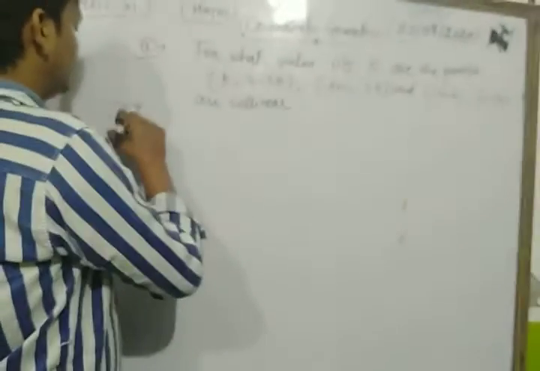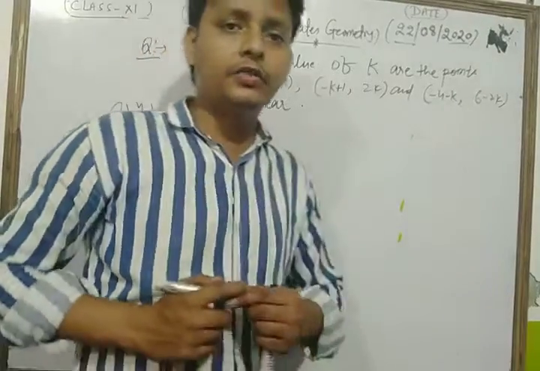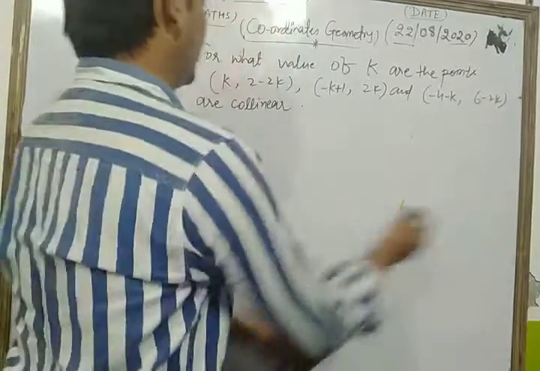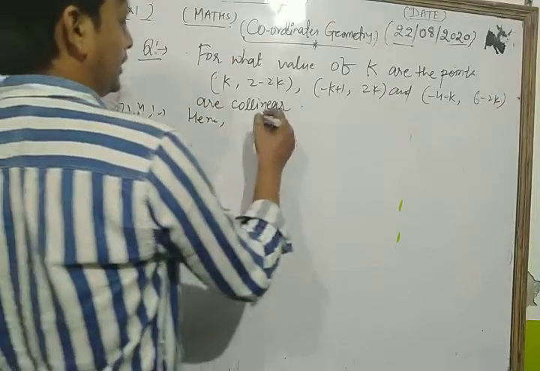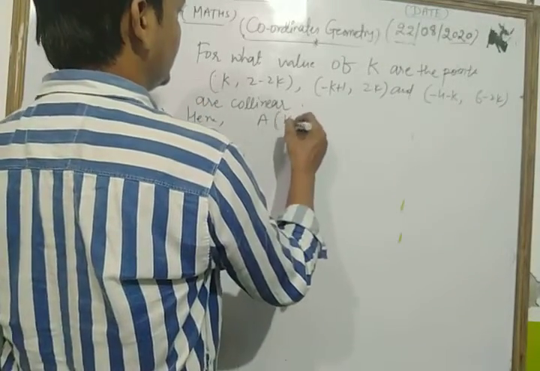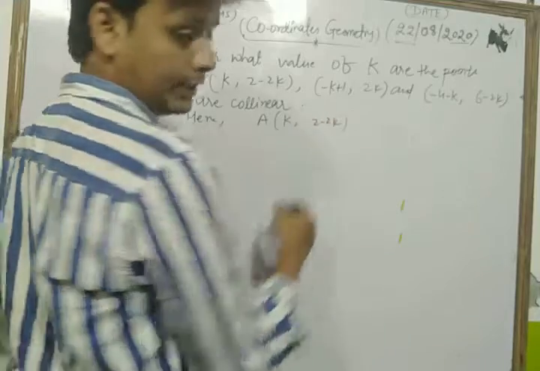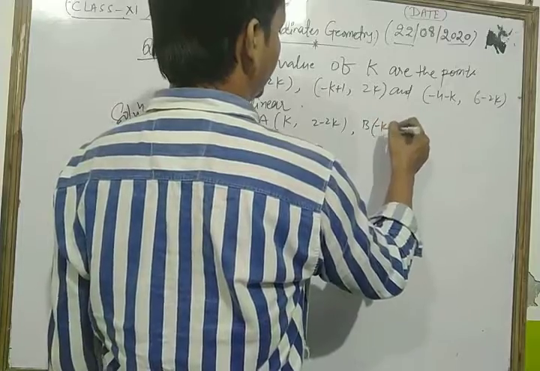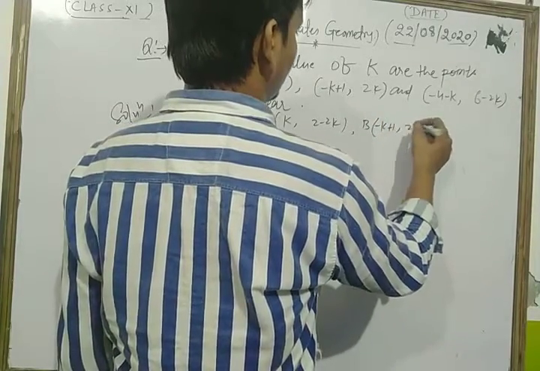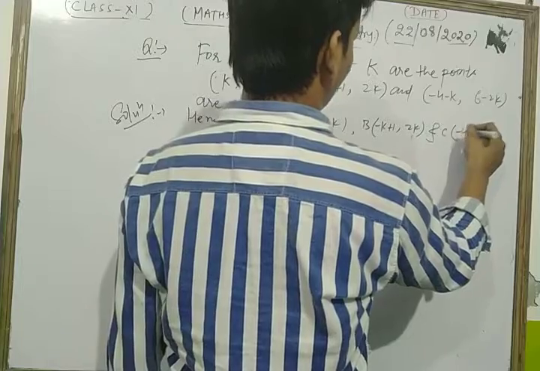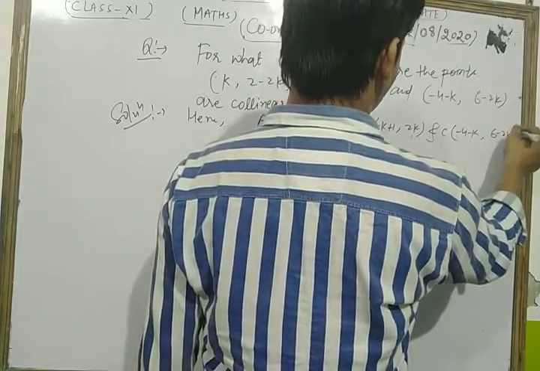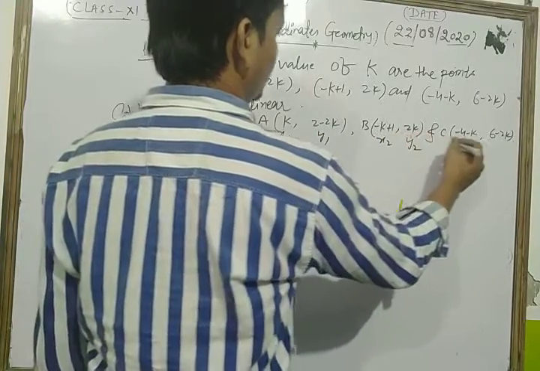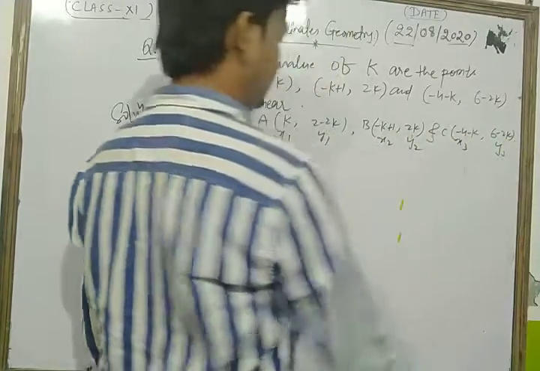Now let's solve it. Dear students, here we apply the condition for collinearity of 3 points. First take a point A (k, 2 minus 2k), B (minus k plus 1, 2k), and C (minus 4 minus k, 6 minus 2k). We take them as (x1, y1), (x2, y2), (x3, y3).